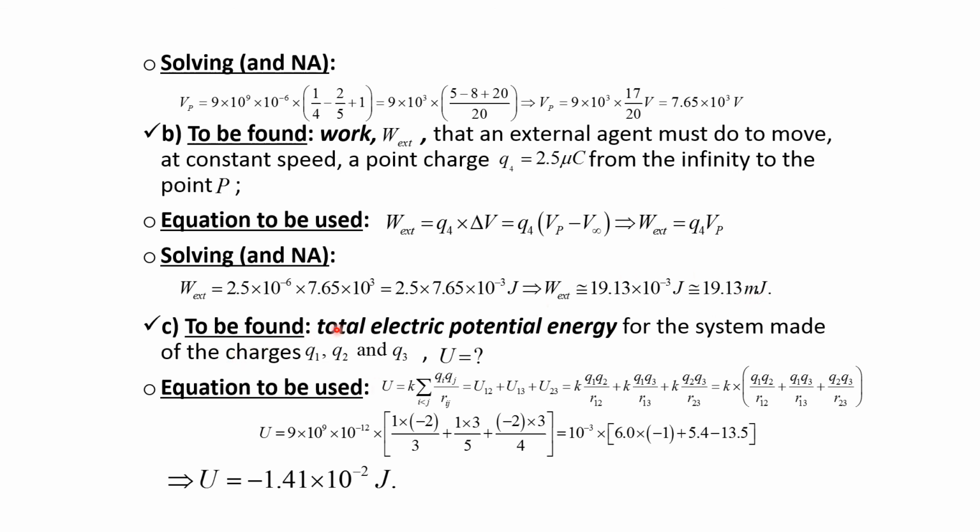In sub question C, we are asked to determine the total electric potential energy for the system made of the 3 charges Q1, Q2, and Q3.